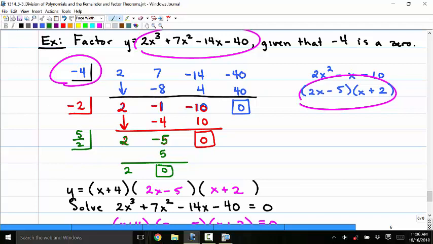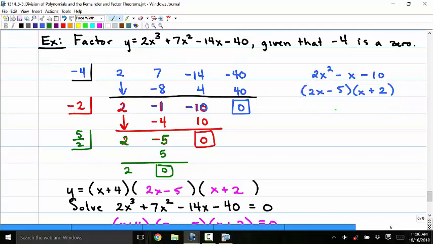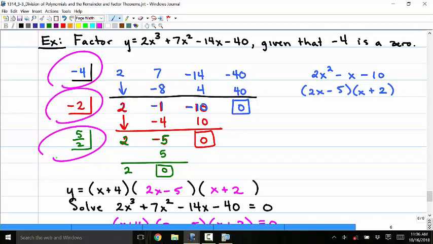So what are my 3 zeros for that polynomial? The 3 zeros are -4, -2, and 5/2. We're going to be doing this a lot in the next section, where we keep dividing the polynomial, keep using synthetic division, and it keeps decreasing the degree of the resulting polynomial by 1. Just keep that in the back of your mind.